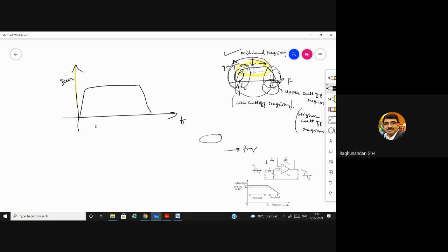Initially, the gain will be lesser because how are you going to find the gain of an amplifier?